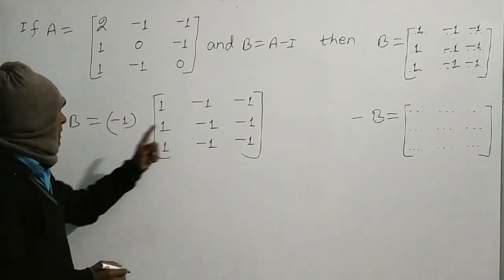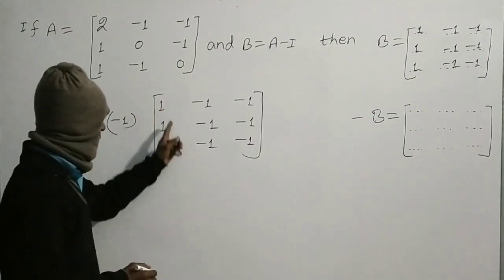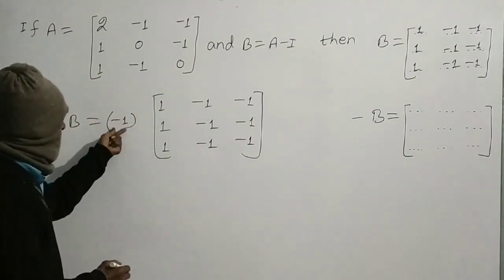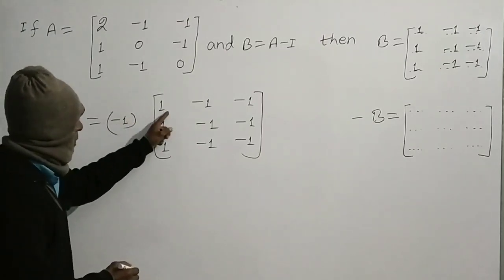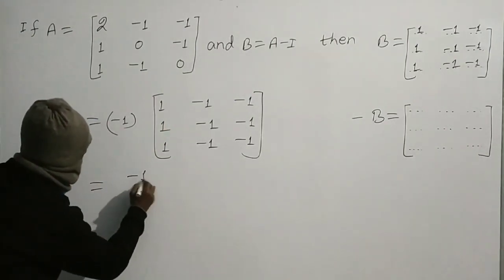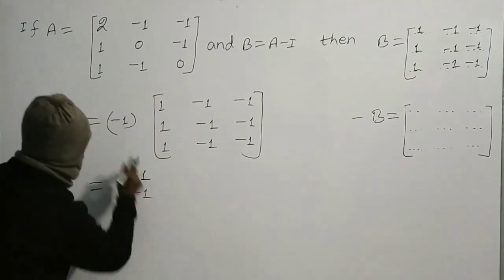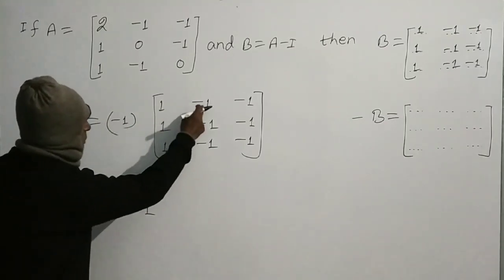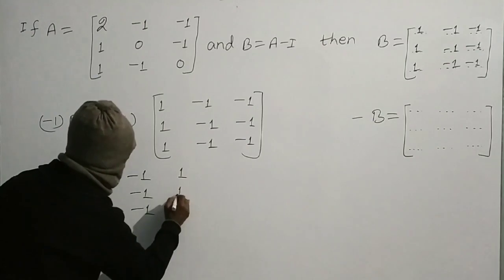When we multiply this matrix by minus 1, each element of this matrix will be multiplied by minus 1. When 1 is multiplied by minus 1, we get minus 1. Minus 1 times minus 1, 1.